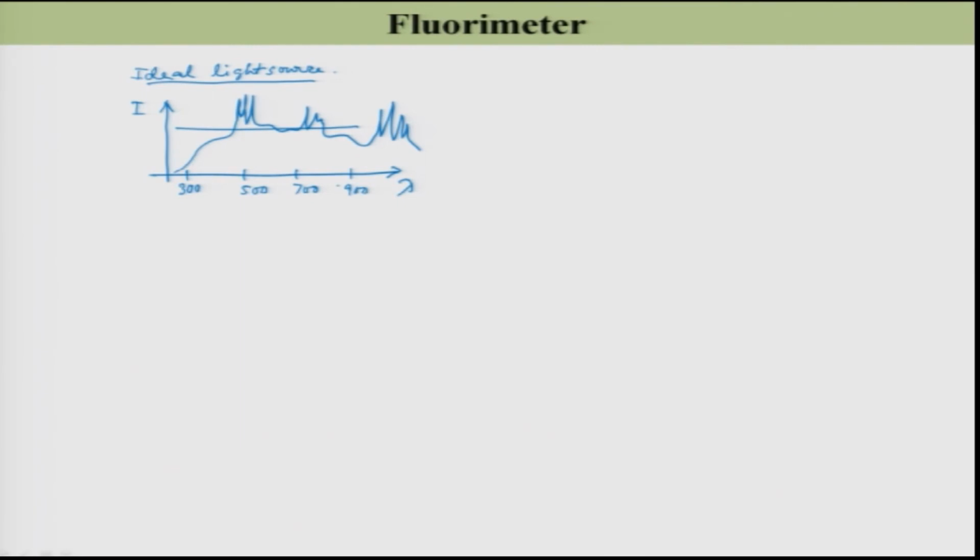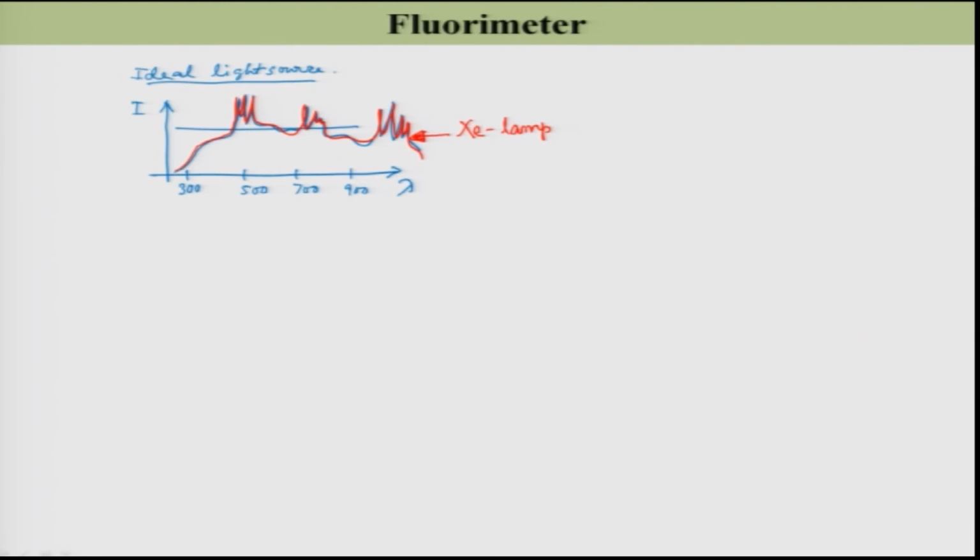This is the typical, oh, both the color are same. So, let me change the color over here. So, this looks something like this. Right. So, this is the typical spectrum of a xenon lamp, right.